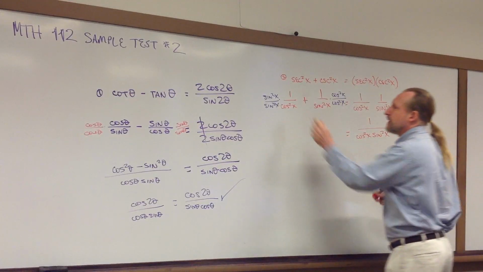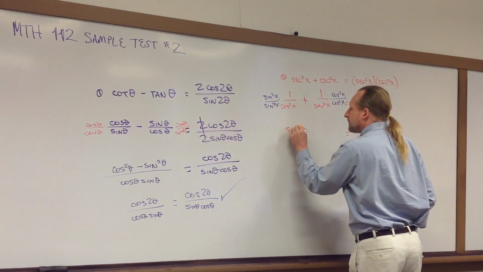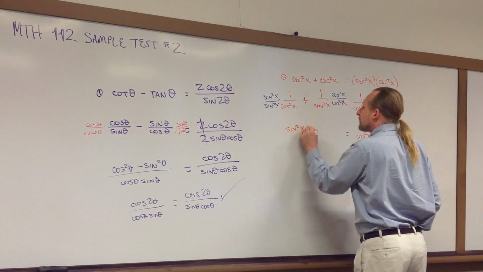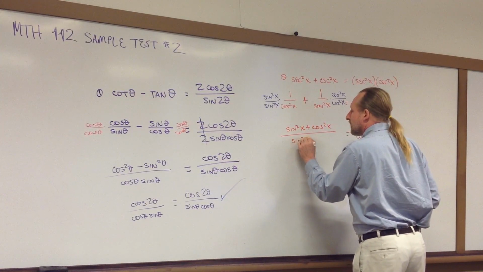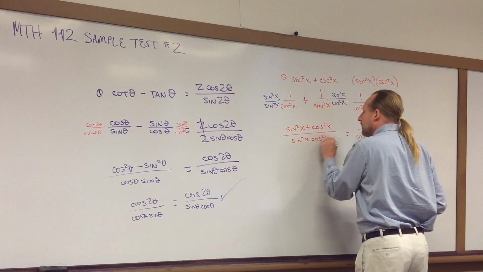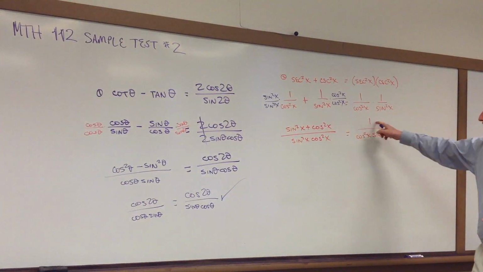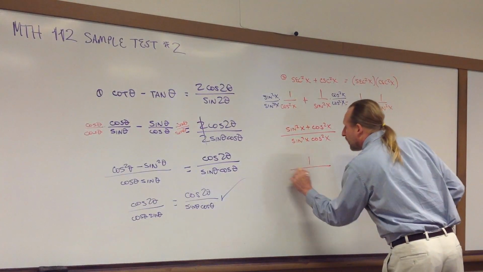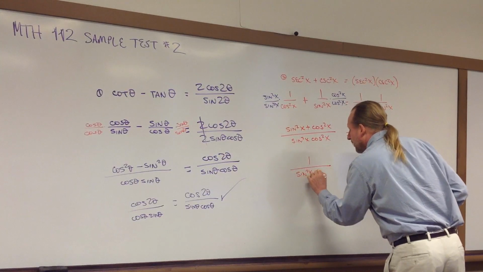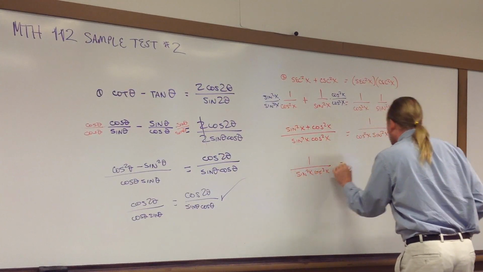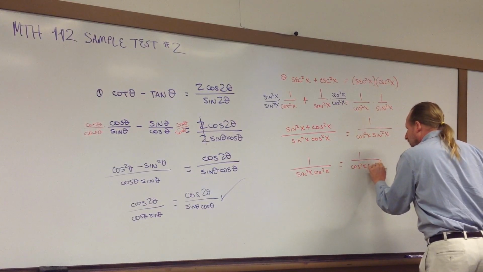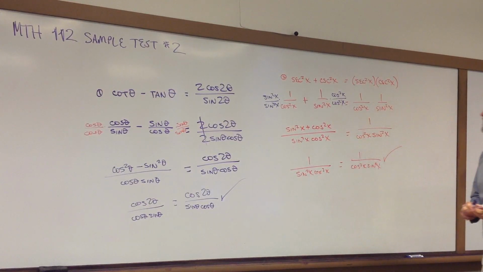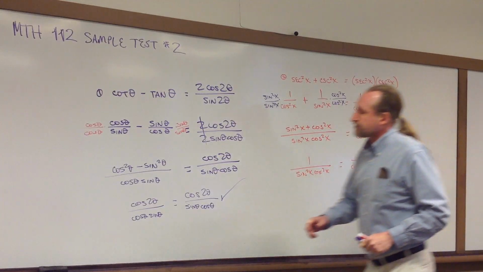Excuse me. And so we end up with sine squared x plus cosine squared x over sine squared x times cosine squared x. And of course, what's in the numerator is equivalent to 1. And there we go. There it is. They're equivalent to each other.